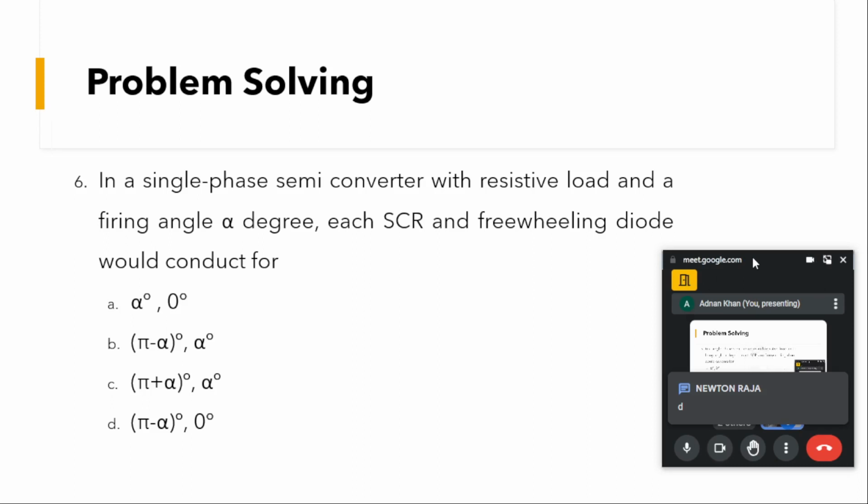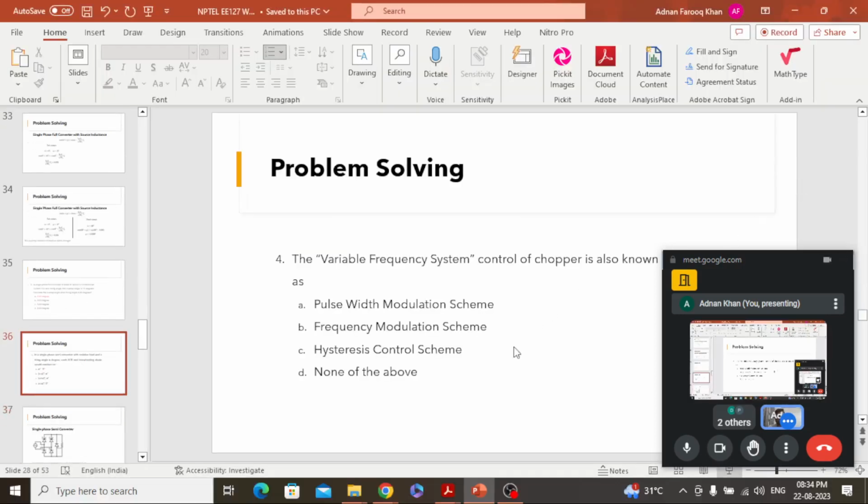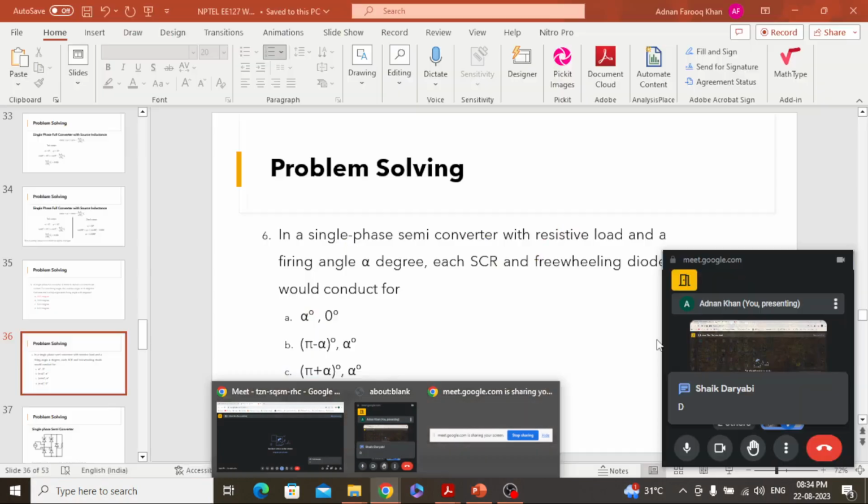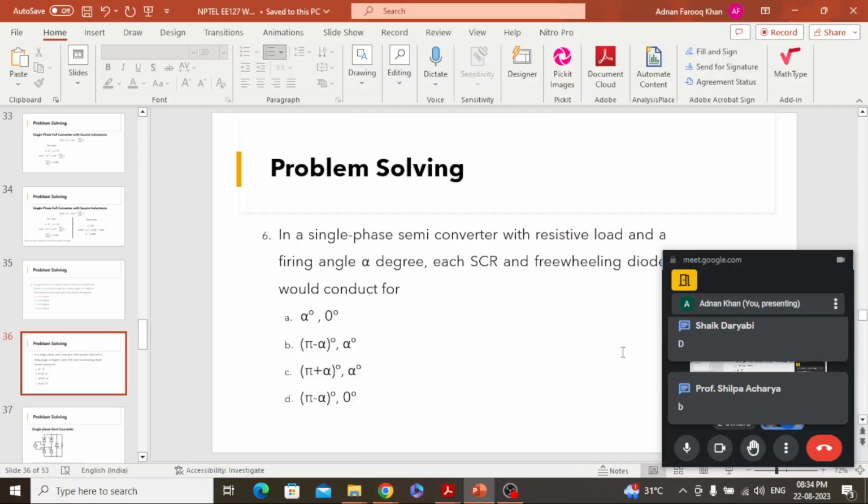Someone has answered. Maybe any other can tell. Anyone else there? There are like 8-9 students. Some are saying B, some are saying D.